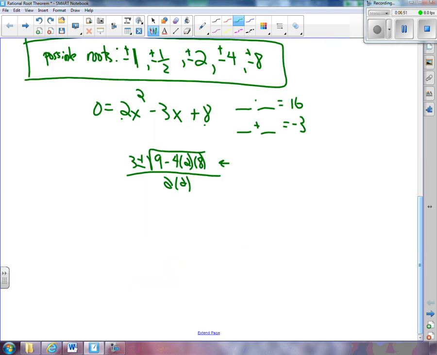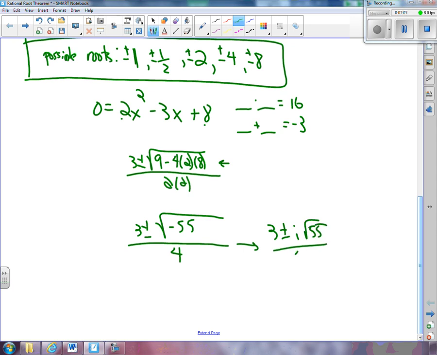So I have 3 plus or minus the square root of 9 minus 64, which is negative 55 over 4. We can simplify this to be 3 plus or minus i root 55 over 4. So here were my answers. The reason that this answer isn't one of the 10 answers that I had up here is because this is an irrational answer. Let's move on to another example.